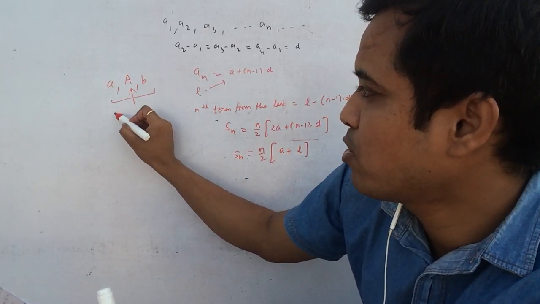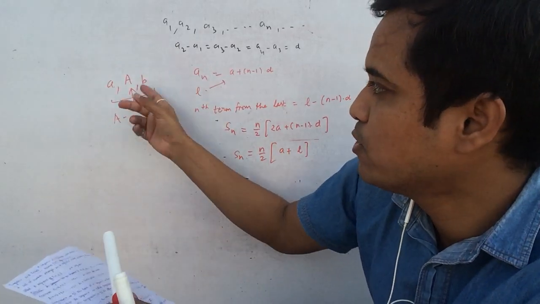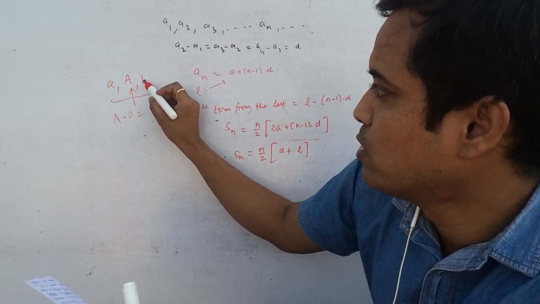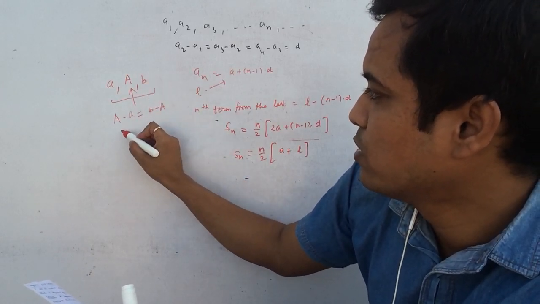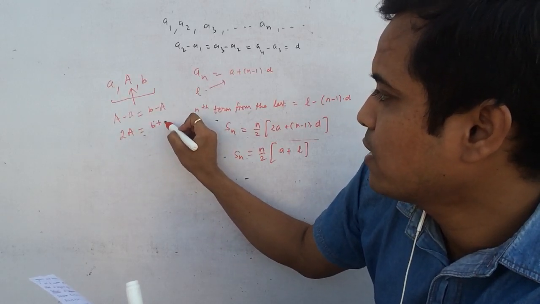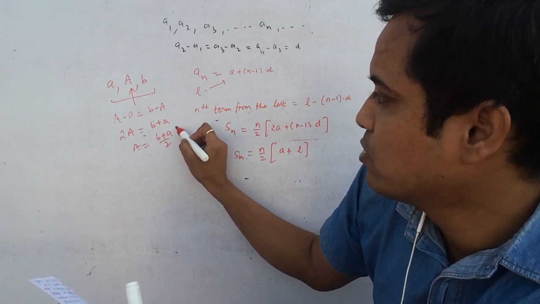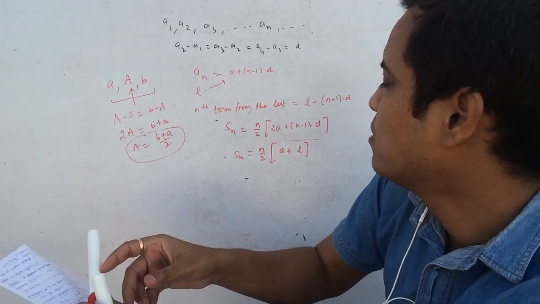In arithmetic progression the difference between a term and the previous term is equal, that means A minus a equals b minus A. So in this way you can find A equals a plus b by 2. This is the important result of arithmetic mean.